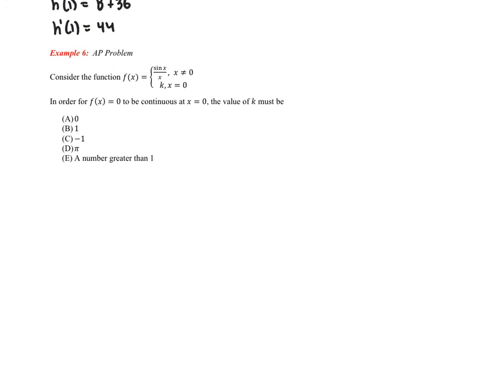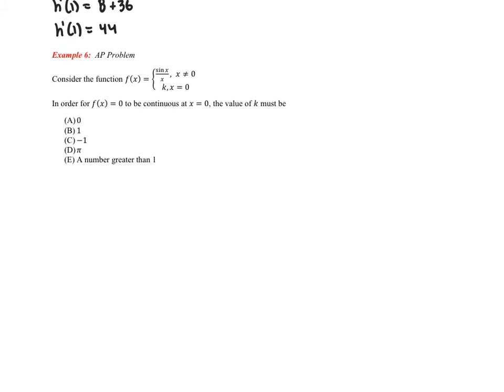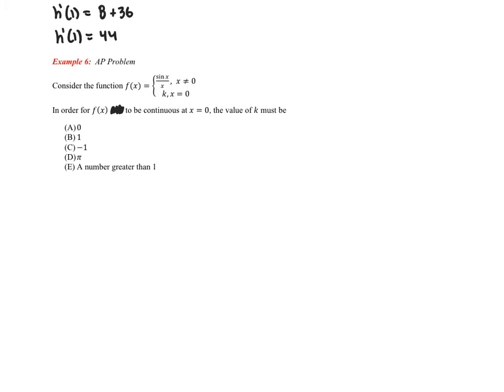In order for f of x to be continuous at x equals 0, this shouldn't be here. That confused me. Let's get rid of the equals 0. In order for f of x to be continuous at x equals 0, the value of k must equal, well, we need for, first of all, f of 0 to exist.